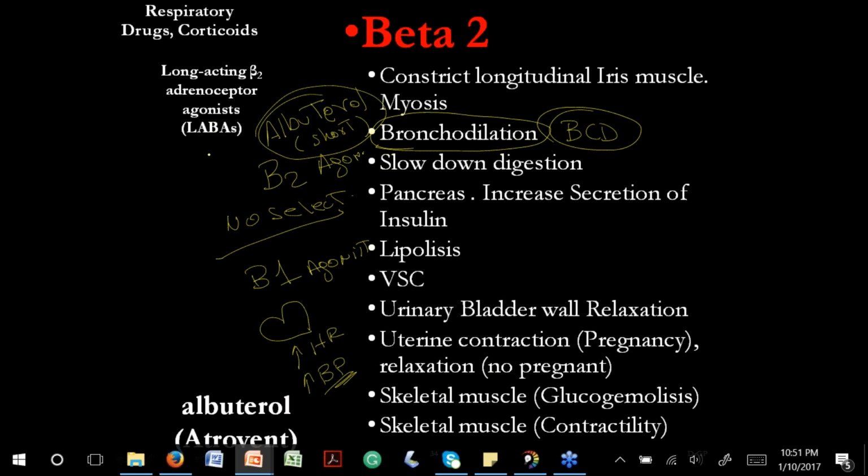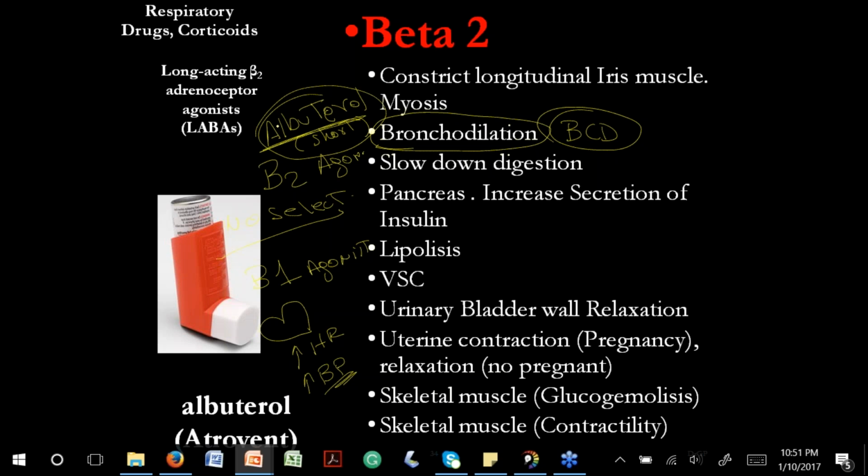A LABA is, for example, salmeterol. Salmeterol is a long-acting beta-2 agonist, but it takes longer to take effect. But for a crisis and the most immediate results, you're going to use albuterol.